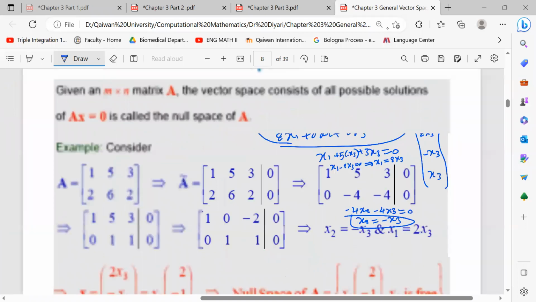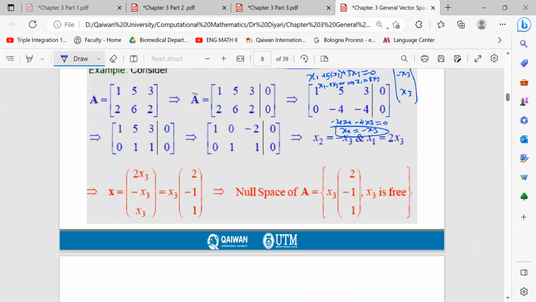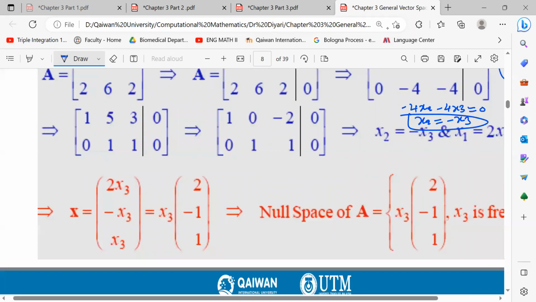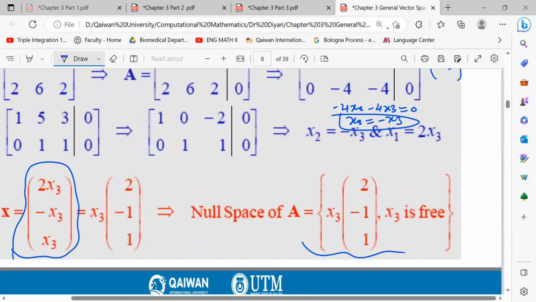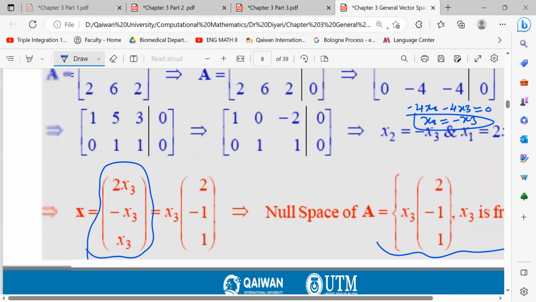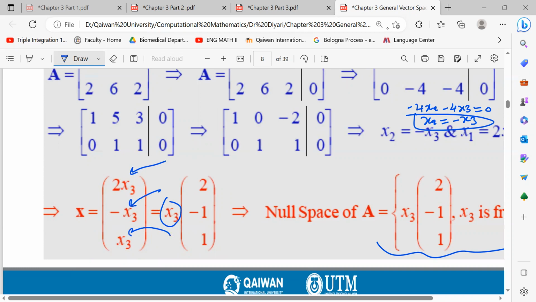Now, we say the null space is this. You can write it in this form or in this form. Okay? If we take x3 as the common factor here, what do we get? x3 times the vector with 2, negative 1, and 1.